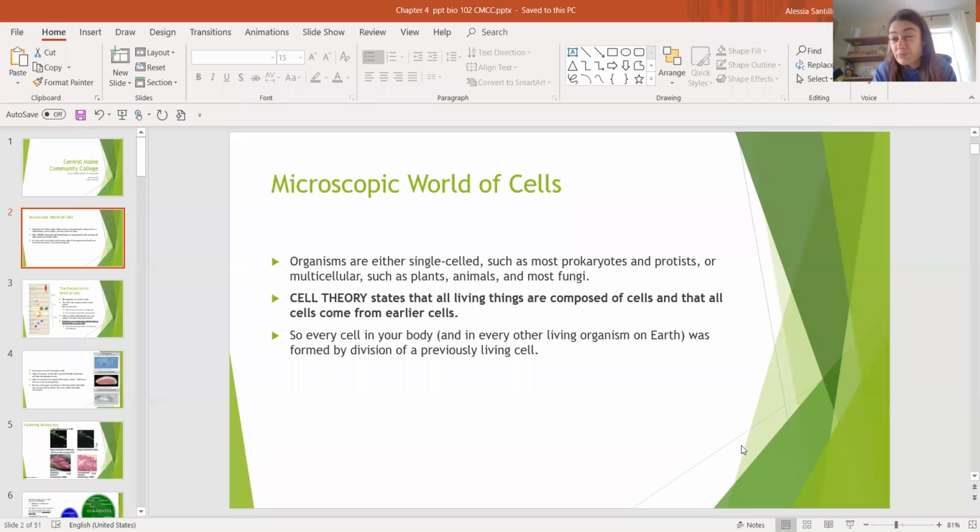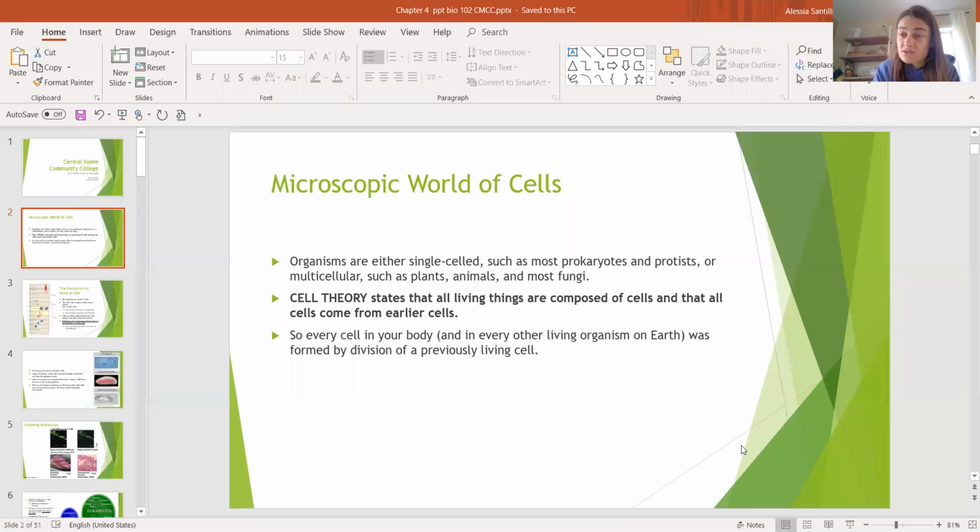So those would be a little bit more complex organisms like humans or animals or plants. It also states that all cells come from earlier cells. As we'll see in later chapters, and as I believe I mentioned in chapter 1, a cell gives rise to other cells. So a cell multiplies or divides, and this is how we have the continuity of cells as well.